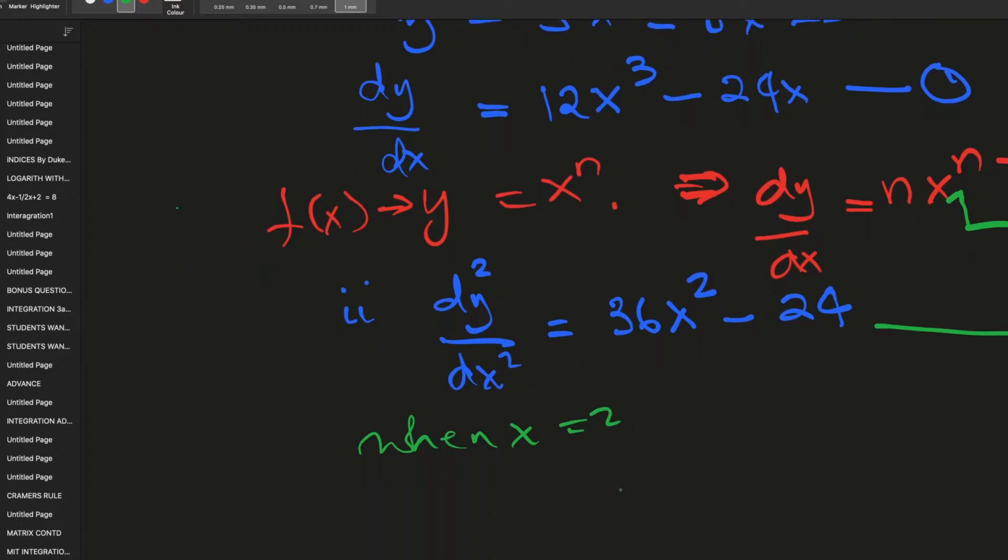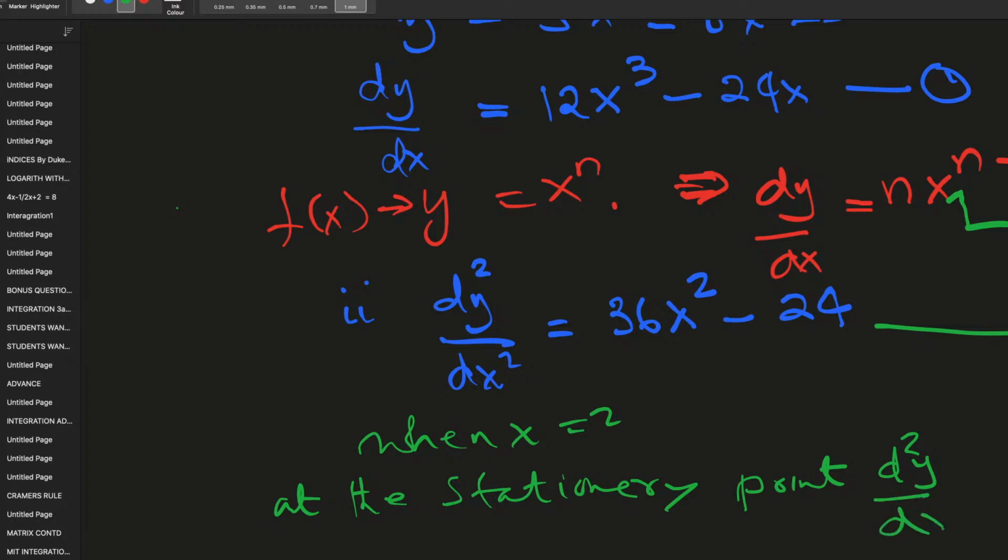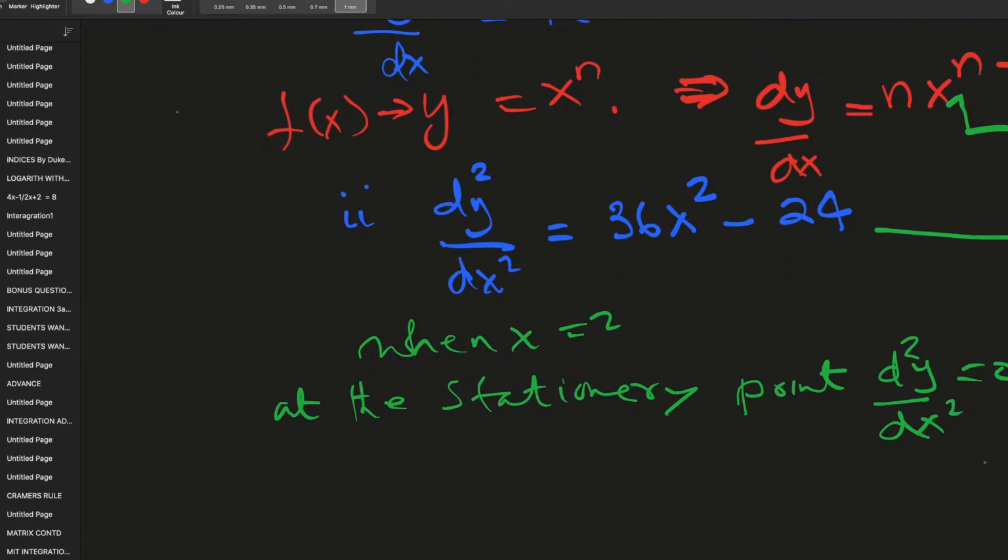Alright, let's see. At the stationary point, the second derivative must be equal to 0. So let's see what is true.